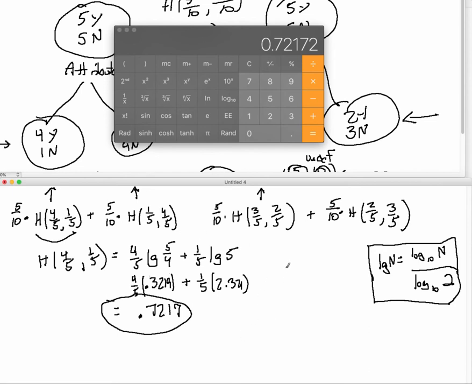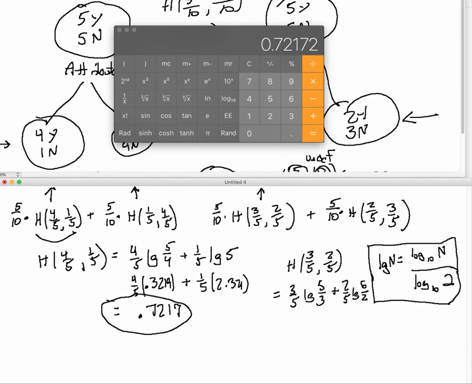I'm going to come over here and get h of 3/5, 2/5, which is equal to 3/5 log 5/3 plus 2/5 log 5/2.